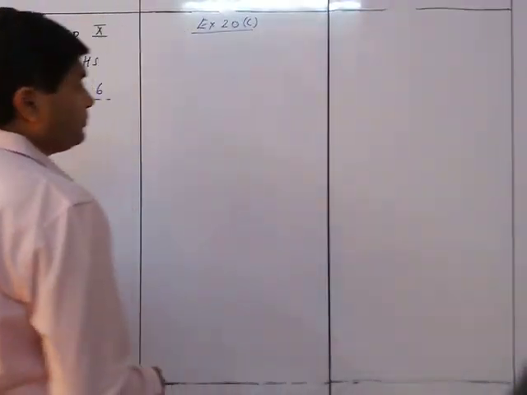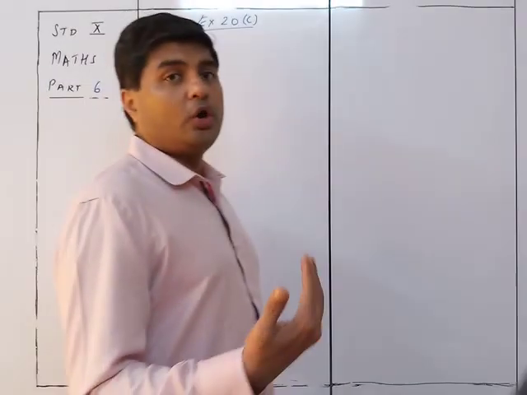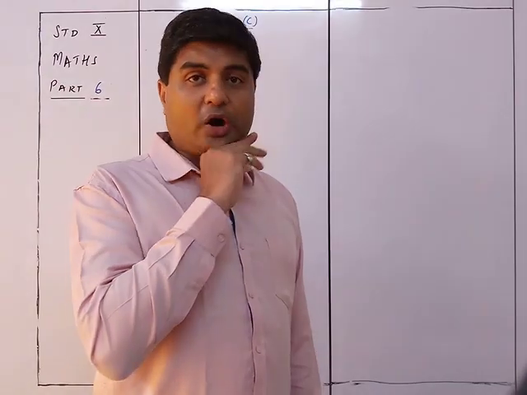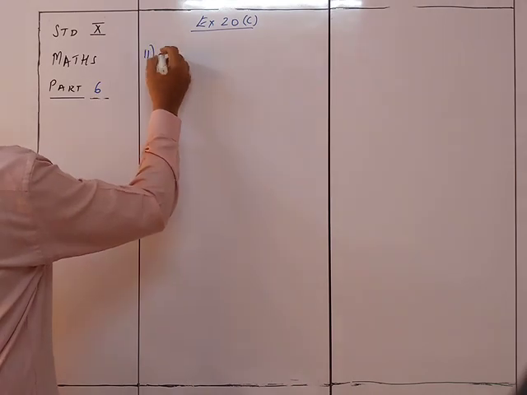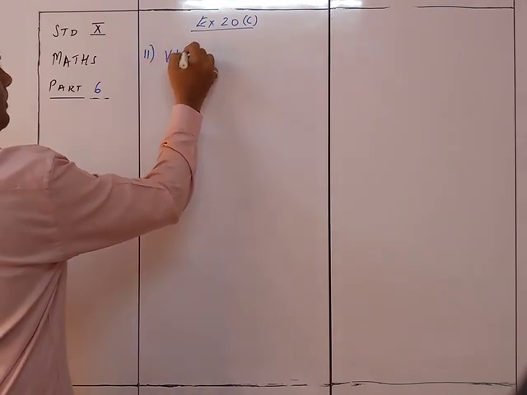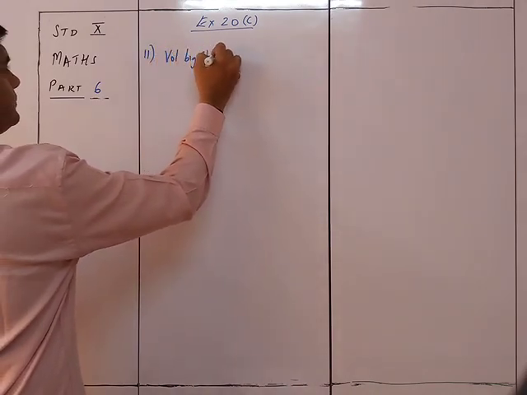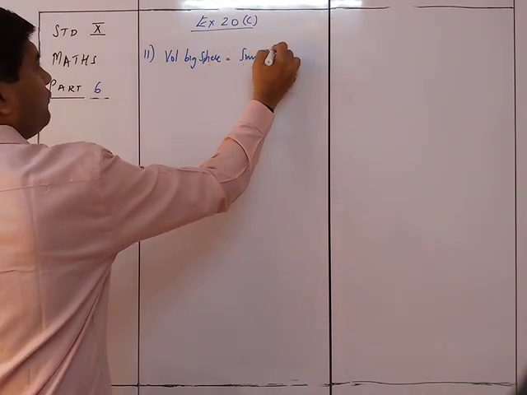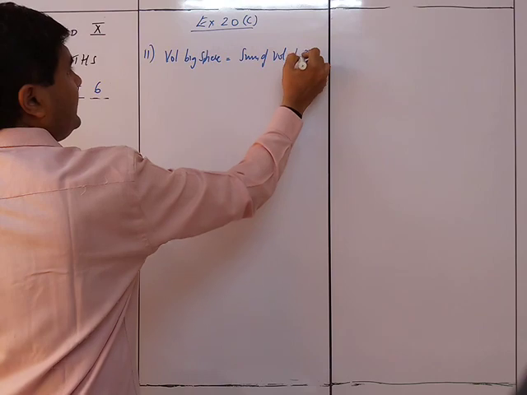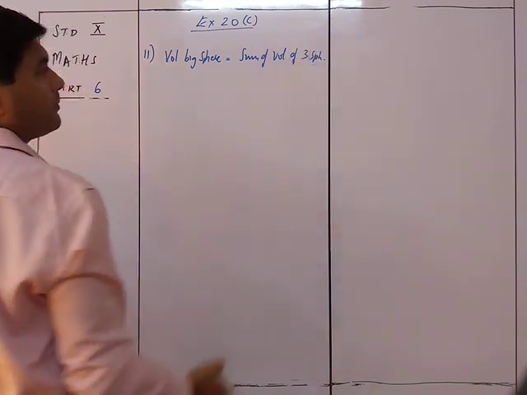So first of all, for that we'll need to find the volume of the big sphere, or first the radius of the big sphere. So accordingly, the first thing is that the volume of the big sphere is equal to the sum of the volumes of the 3 spheres.